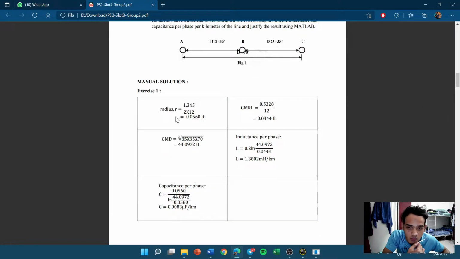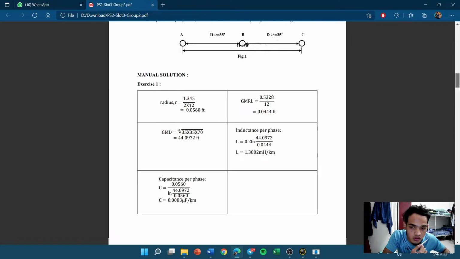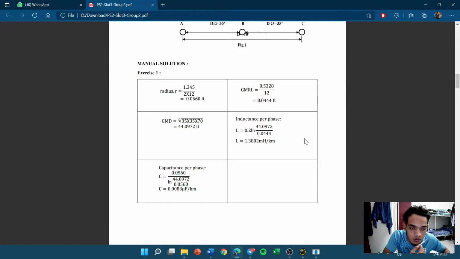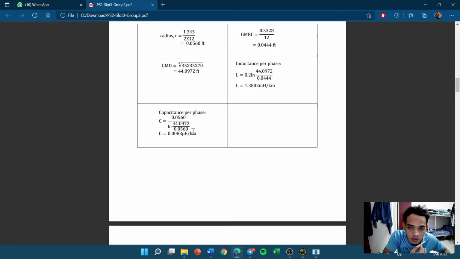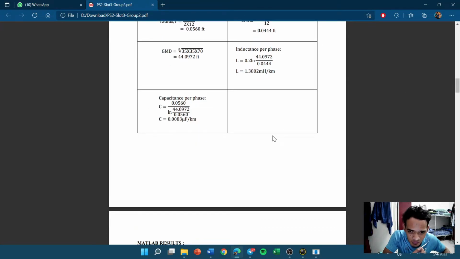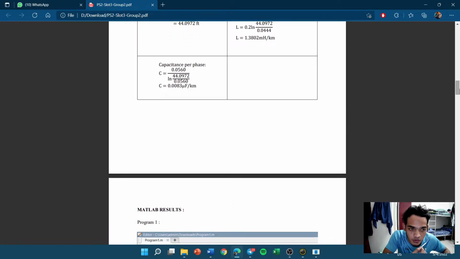The radius that we obtain is 0.0560 feet, the geometric mean radius is 0.0444 feet, the geometric mean distance is 44.0972 feet, the inductance of phase is 1.3802 millihenry per kilometer, and the last one is the capacitance of phase, which is 0.0083 microfarad per kilometer.